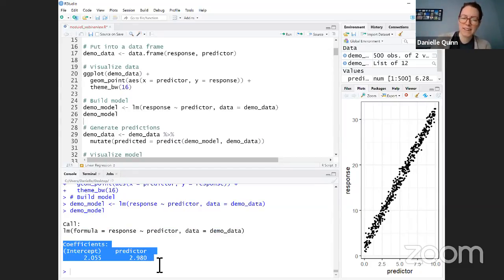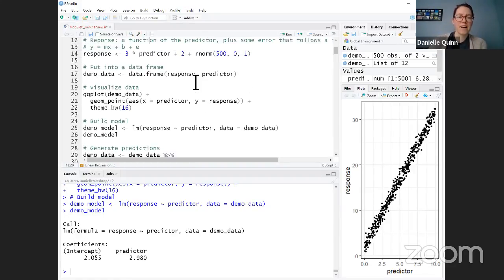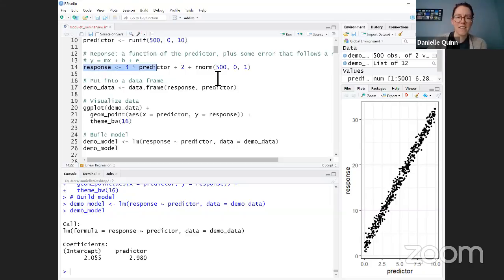And so it predicts that if you were to draw a perfect line through this data, it would have an intercept of 2.055, and the slope associated with the predictor would be 2.98. And that makes sense because when we made up our data, we said that the slope would be about 3 and the intercept would be about 2, plus or minus a little bit of error. So it makes sense to us that that's exactly what we get.